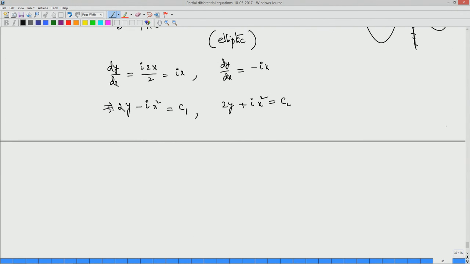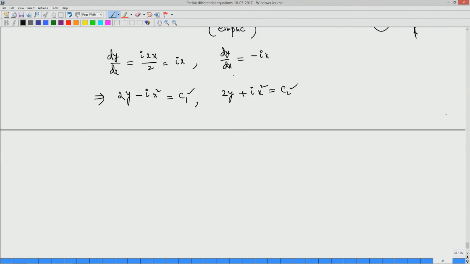So, this is how if you solve this, you get these two general solutions for each of these ODEs. Now, because these are involving this imaginary number i, we know how to choose this xi and eta. We simply take, these are complex conjugates. If you take this xi as 2y minus ix square, eta is 2y plus ix square.